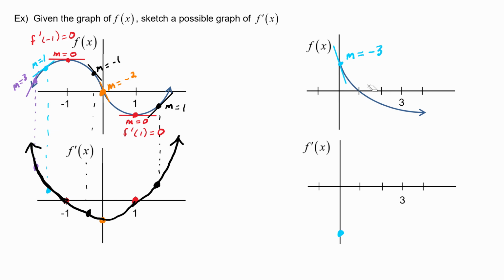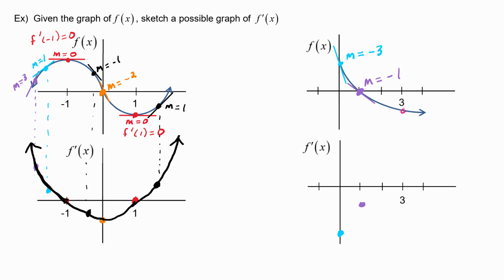Now maybe I'll look at a point around here, put in the tangent line, and that slope is still negative, but it's going to be a smaller magnitude number. So if this slope was -3, maybe this slope is -1, or maybe you said it was -2. So we come down here and put a y value of -1 on the graph of f prime.